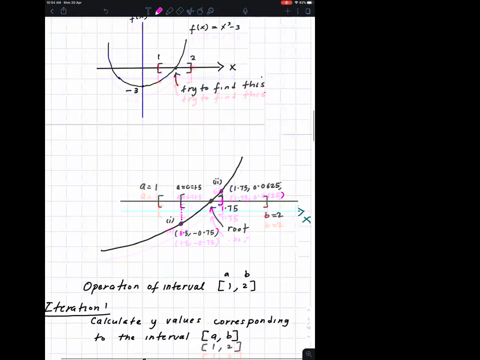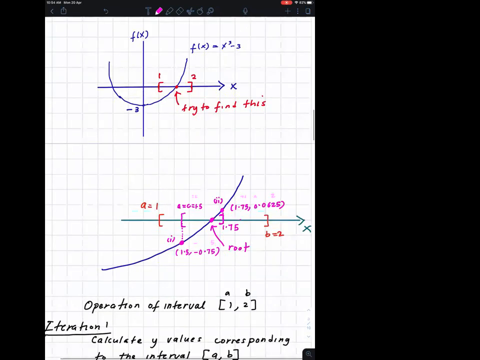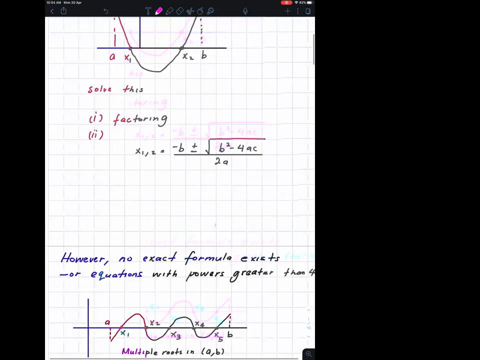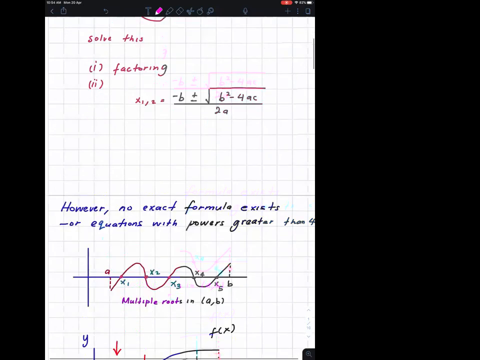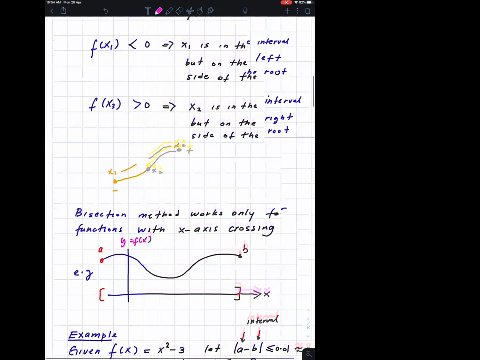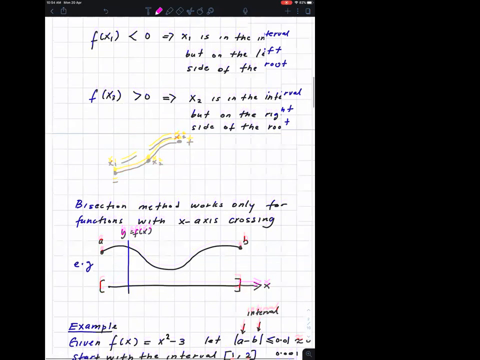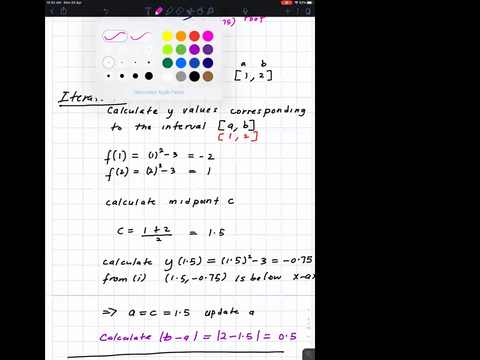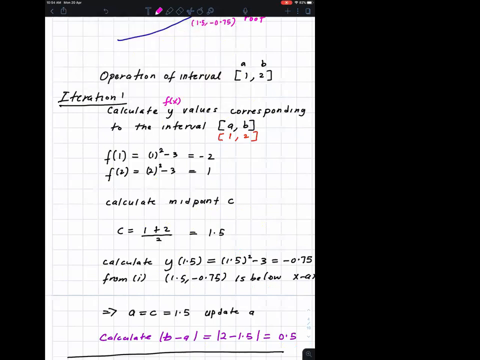Oh, that's a mistake. Where did I write it? Iteration one. Scroll down, sir. In the example, iteration one: calculate y values, also the same as fx value. Fx or y? Good question.